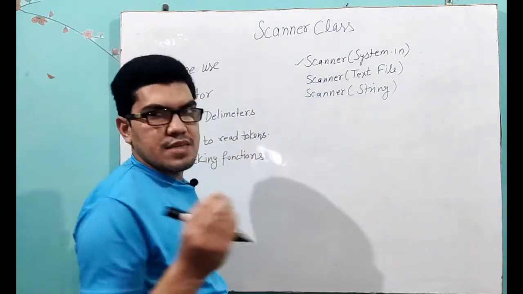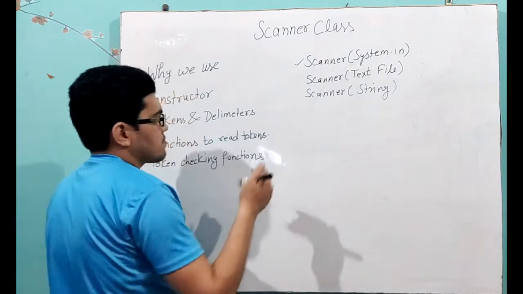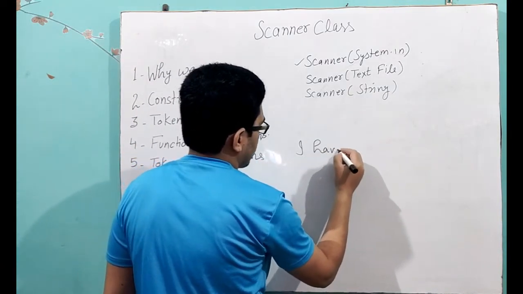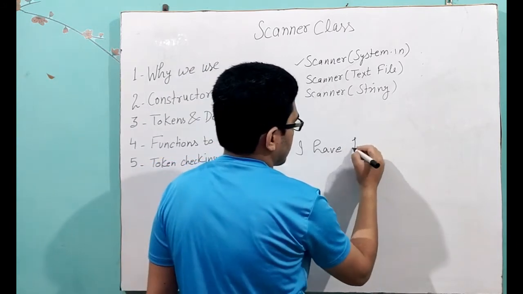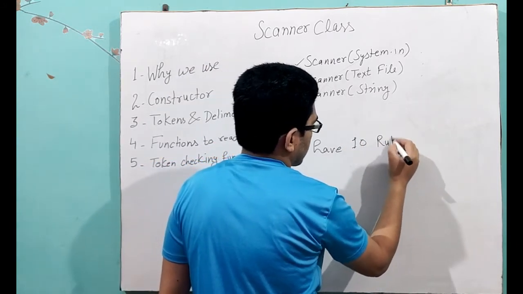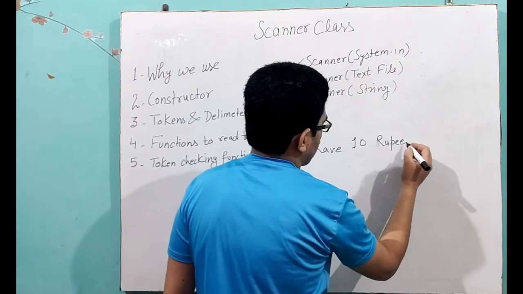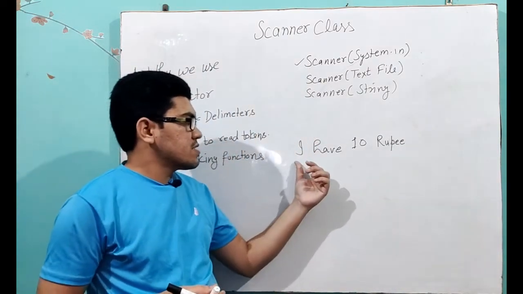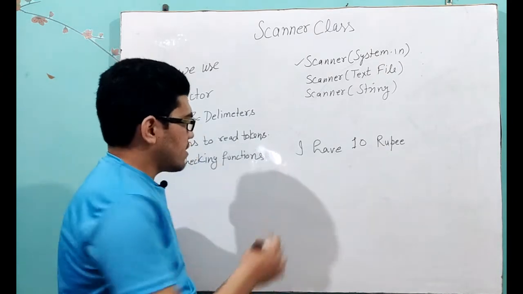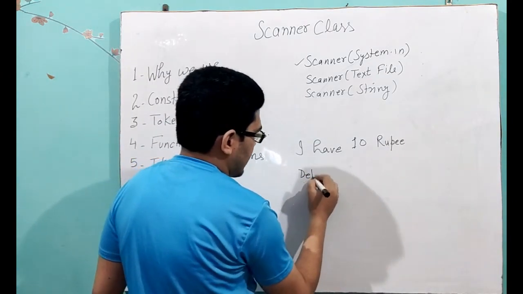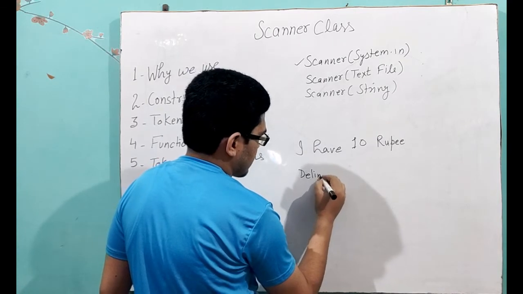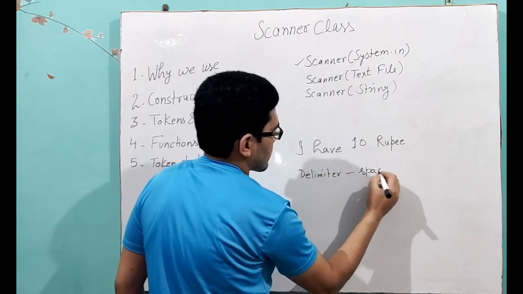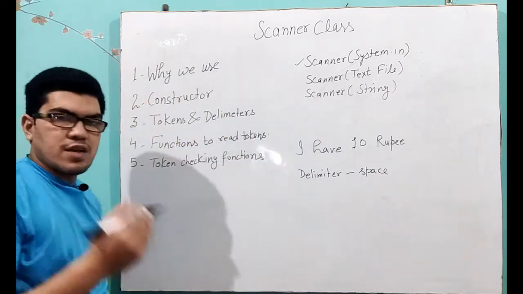Now let us understand this with the help of an example. I have 10 rupees. Okay, if we consider this line, and if I say the delimiter is space, then what are the tokens?